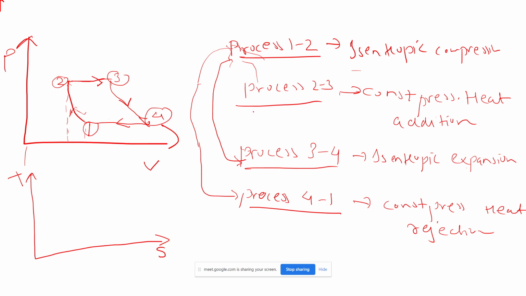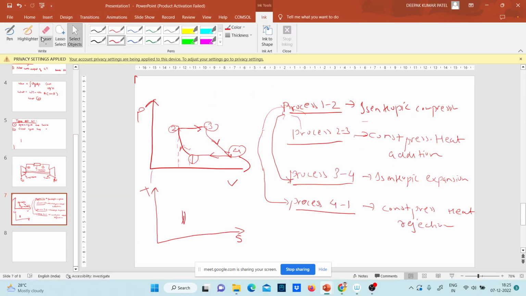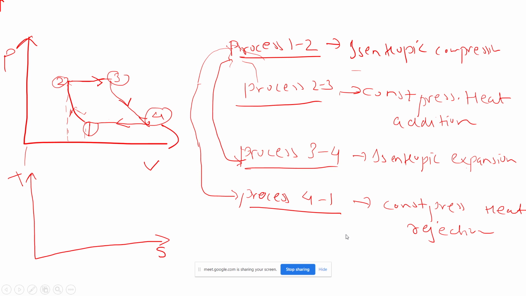Since from 1 to 2 isentropic compression is taking place, and in an isentropic process the entropy remains the same, from process 1 to 2 the diagram will be a straight line. So it will be a straight line.